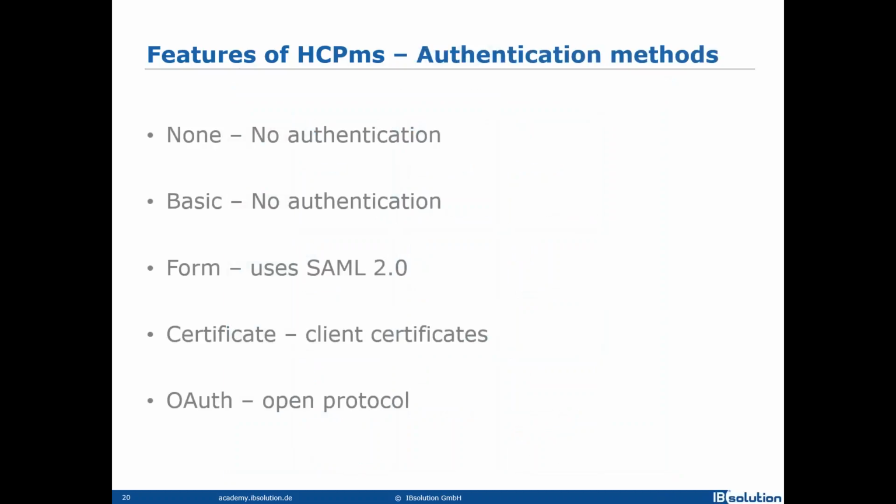So the first feature of the HANA Cloud Platform mobile services I want to talk about is the application authentication methods. In HCPMS we have different authentication options to verify and validate the identity of the application. Users can see them: basic, form, none, certificate, or OAuth.